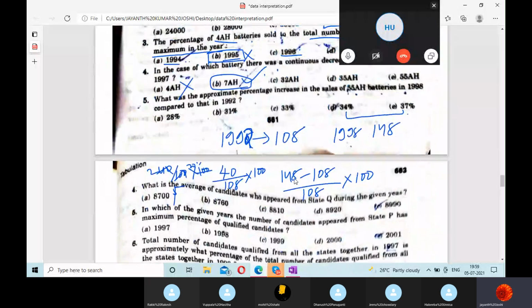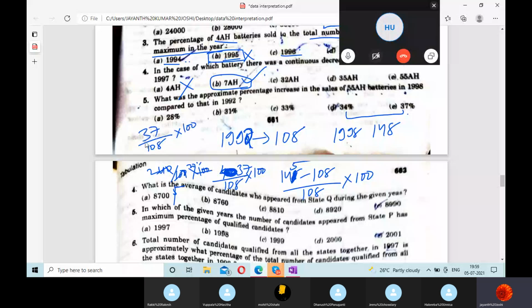It's 145. Sorry. So 145 minus 108 is how much? 37. 37 by 100 into 100. 37 by 108 into 100.